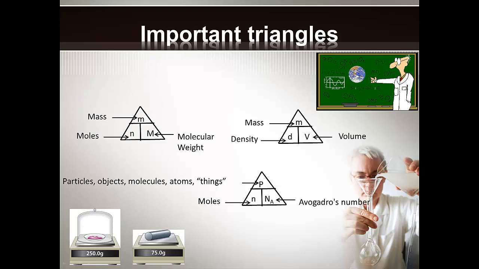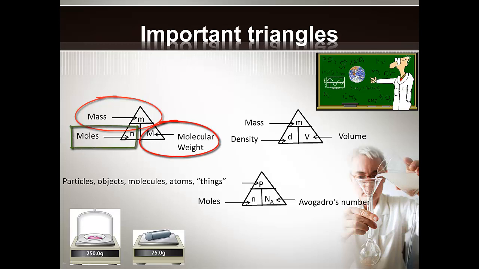Here's some important triangles. If you always remember that your units of atomic mass are grams per mole, okay, that's also your units for molecular weight, grams per mole. If you just remember your units, you won't have to remember any of these triangles. But just in case you find these useful, okay, if you were to divide mass by molecular weight, that would give you moles.